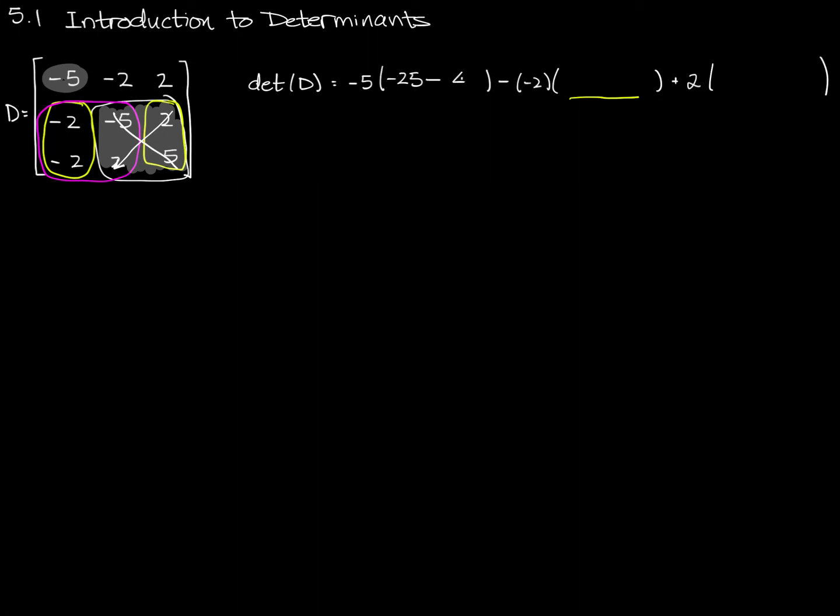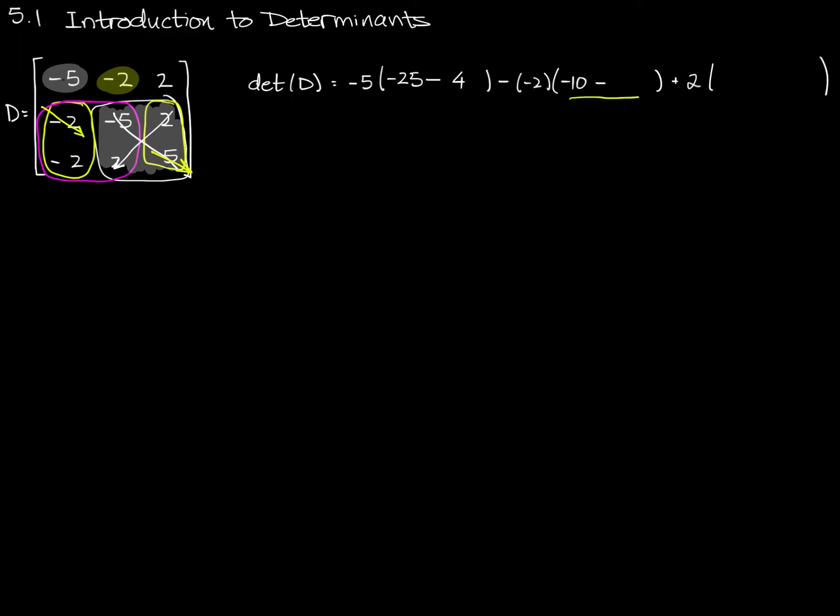That's 4. And then I'll do the same for the others. I'm going to take the -2, and I'm going to multiply that by the product of -2 with 5. That's -10.